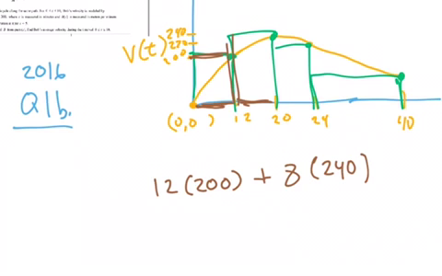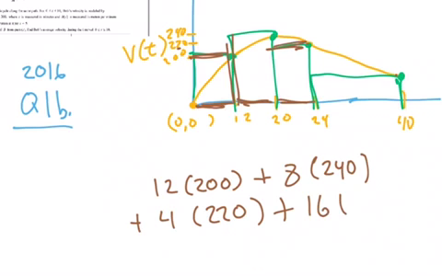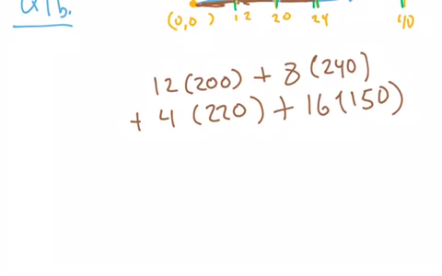Then the base is 4 and the height is 220. And the base, 24 to 40, is going to be 16, and the height here is 150.